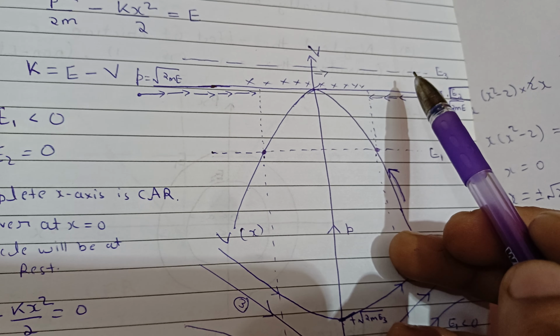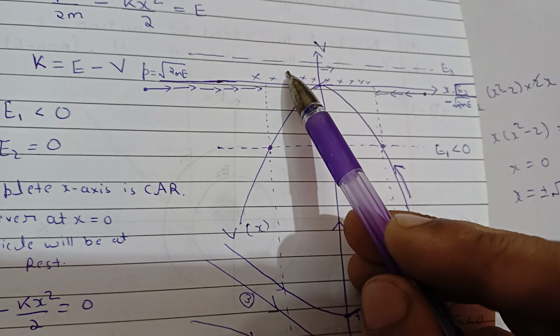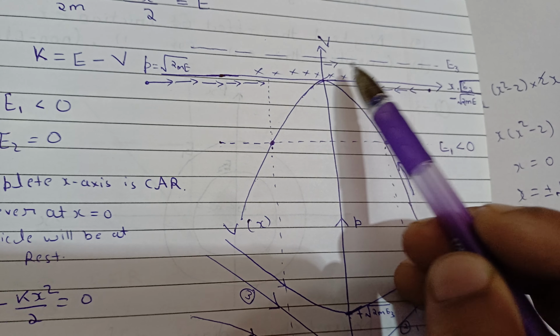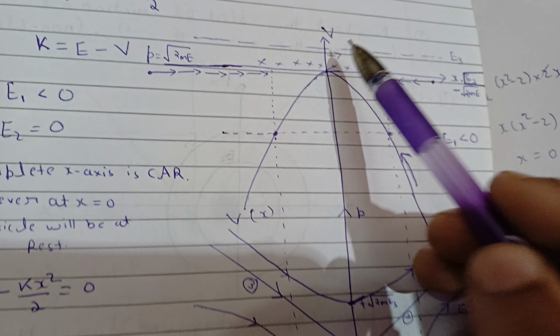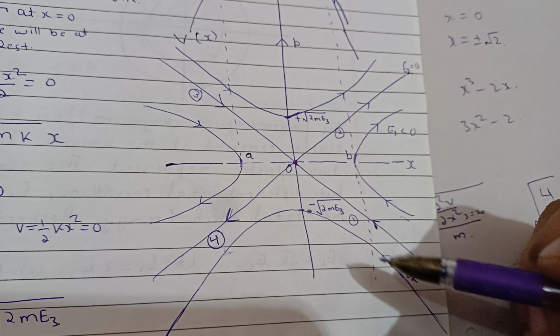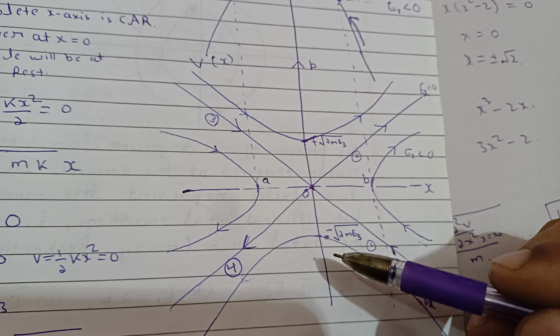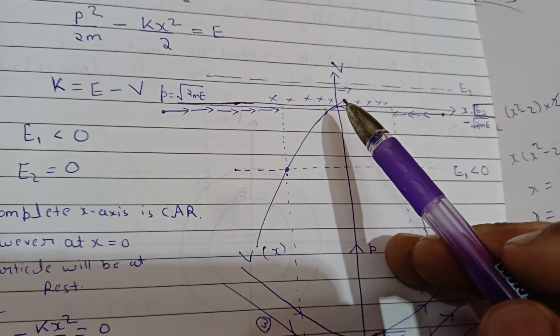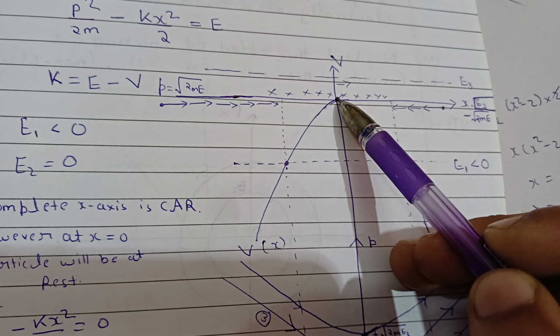Same if it goes from this direction to this direction, then kinetic energy decreases and momentum decreases, and it will go like this. It won't be 0, it will be minus root 2mE3, because of the same condition, that at this point our potential is 0.